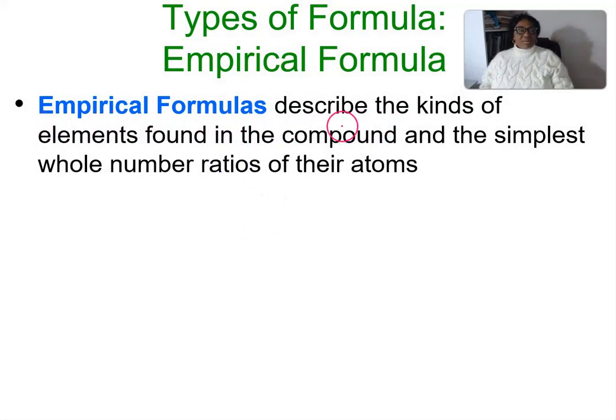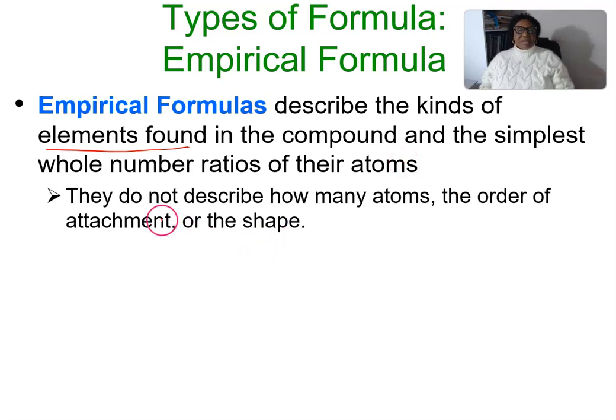An empirical formula describes the kinds of elements found in the compound and is the simplest whole number ratio of the atoms. It does not describe how many of these atoms are present, or the order of attachment, or shape.